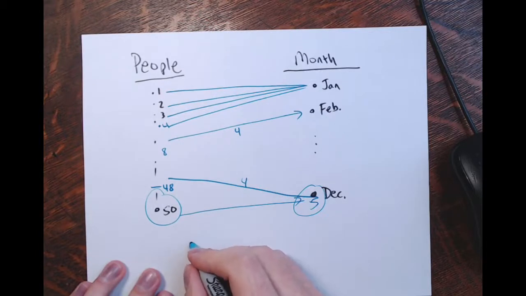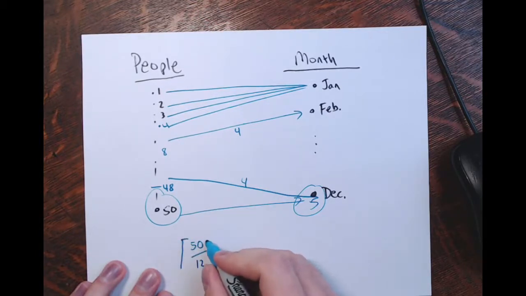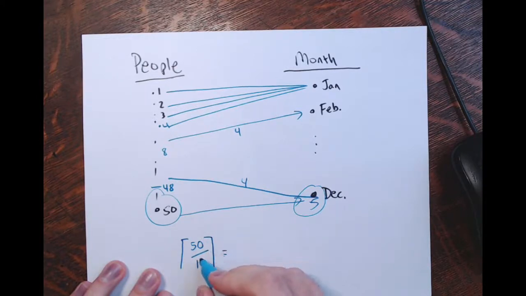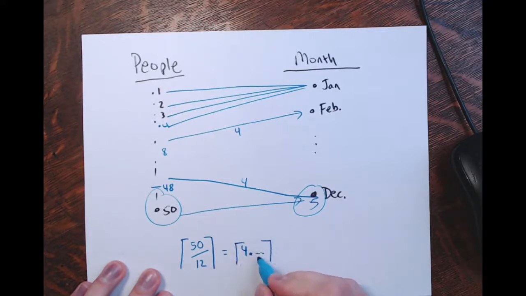Now if you take the size of the domain divided by the size of the target and look at the ceiling of this, 50 divided by 12 is 4 and something: 4 and 2/12, 4 and 1/6, 4.1666.